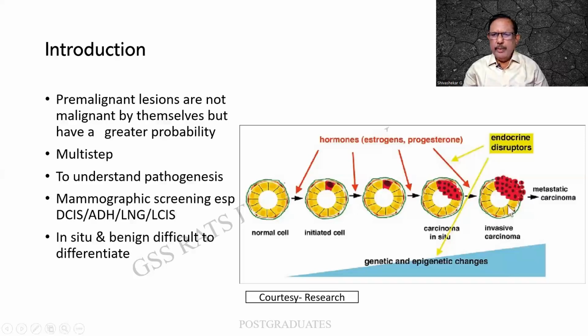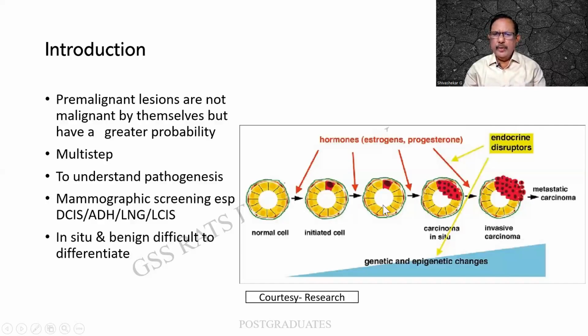Courtesy research for this beautiful diagram. I am seeing here a normal duct. There is an epithelium and the myoepithelium. When the various hormones act on it, you find that there is a kind of change within the lining epithelium, but the basement membrane and the smooth muscle appear to be intact.